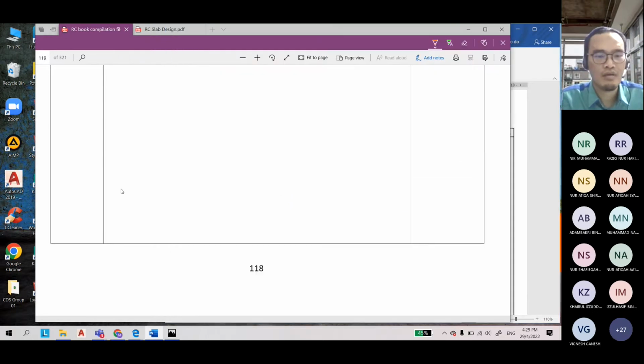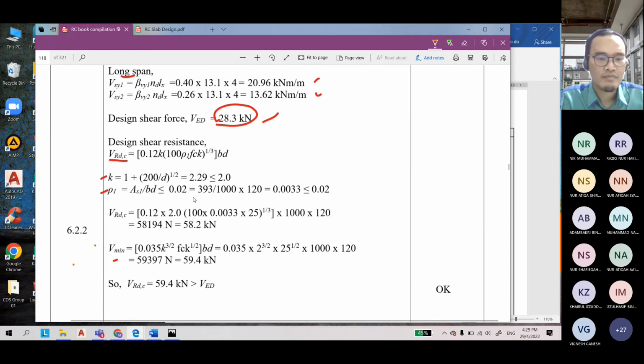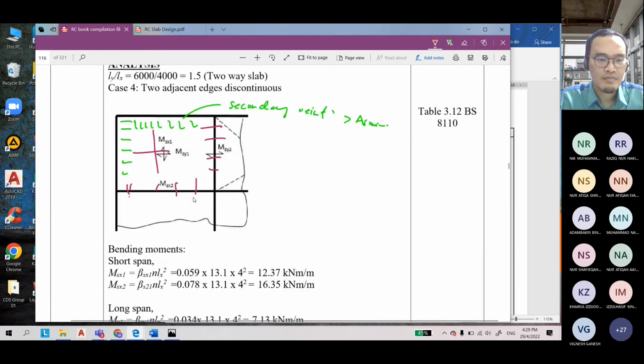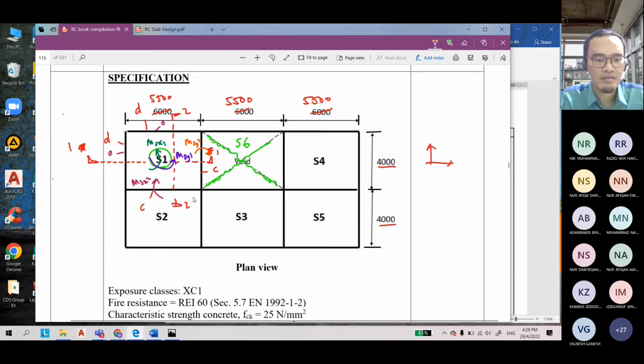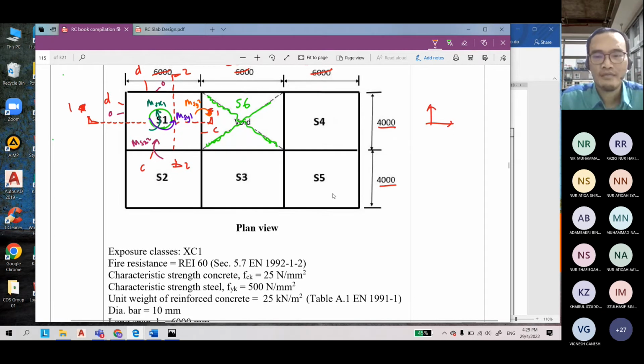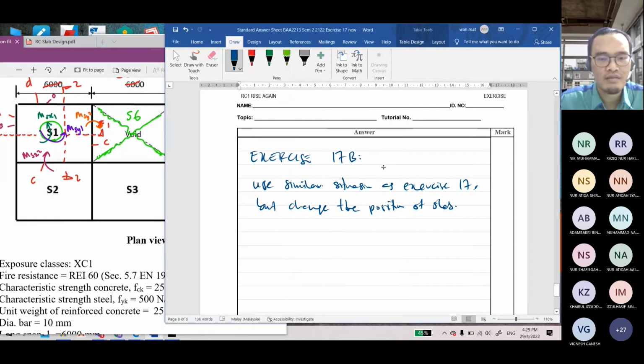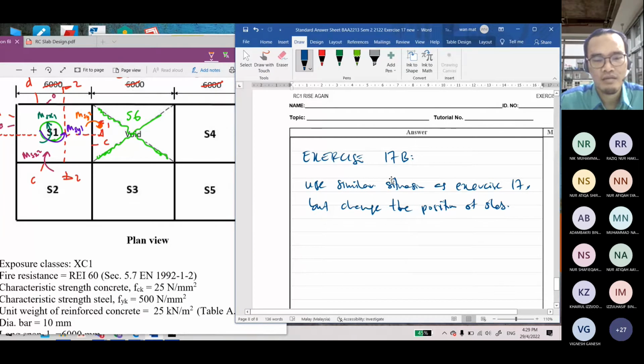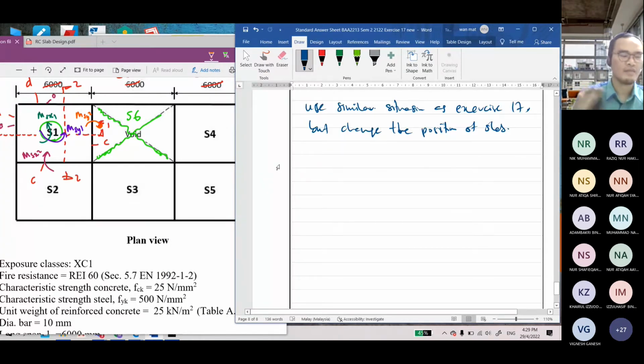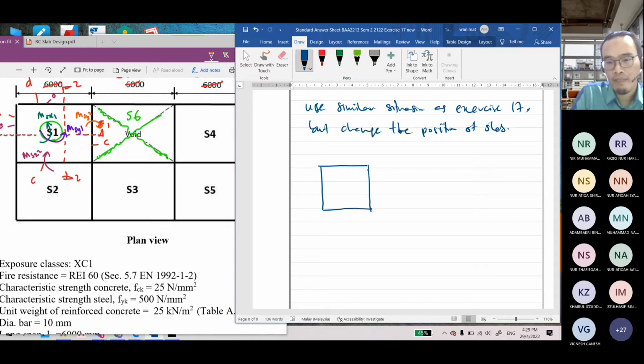Okay, you do the, let's say this one. Saya lukiskan sikit lah ya, similar situation means similar loading, similar grade of concrete and so on, but saya nak you buat kat sini. Okay, let's say we have the slab here.